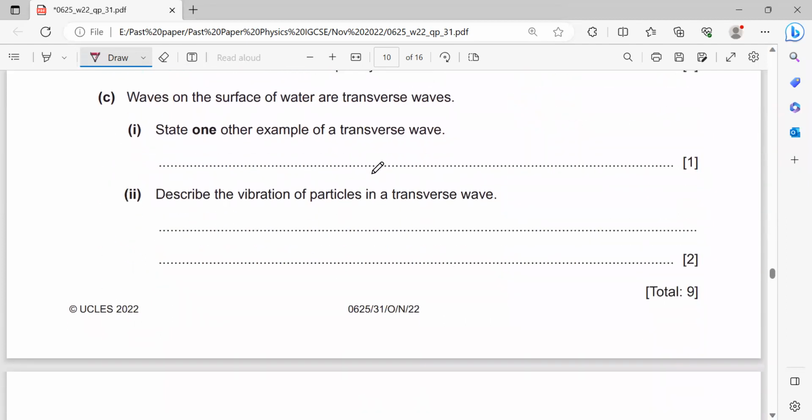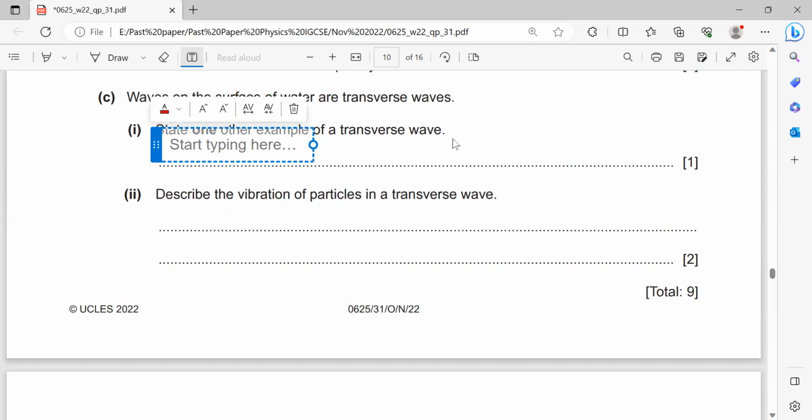Waves on the surface of water are transverse waves. State one other example of a transverse wave. The electromagnetic wave is a kind of transverse wave.